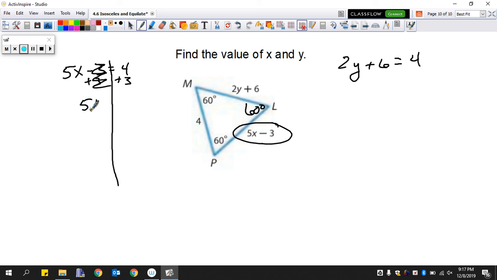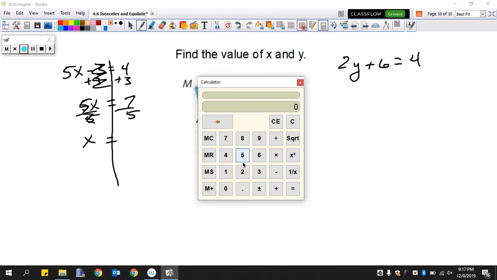We end up with 5x is equal to 7, divided by 5, and x is equal to 7 divided by 5, which is 1.4. So x is equal to 1.4.